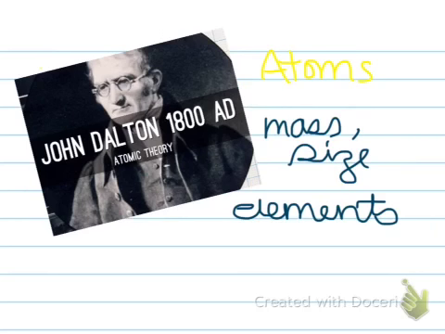The first modern scientist to make a theory about the atom is John Dalton. He built on the idea that all matter was made up of small particles, and those particles were called atoms.